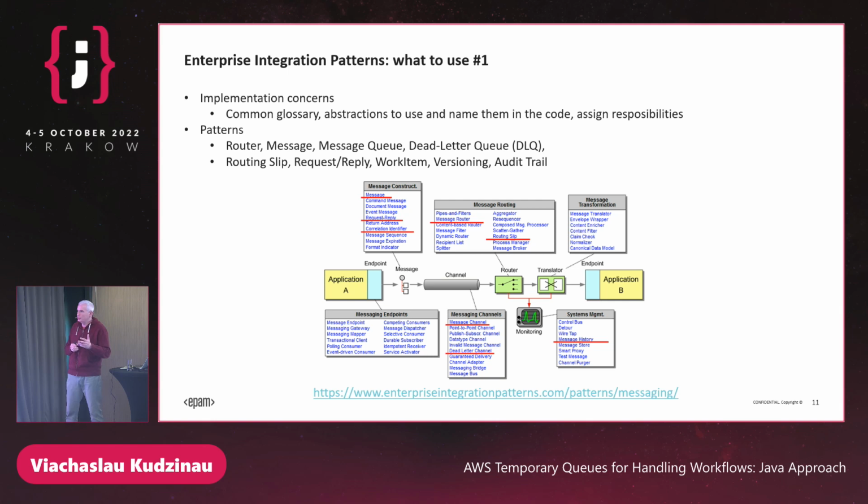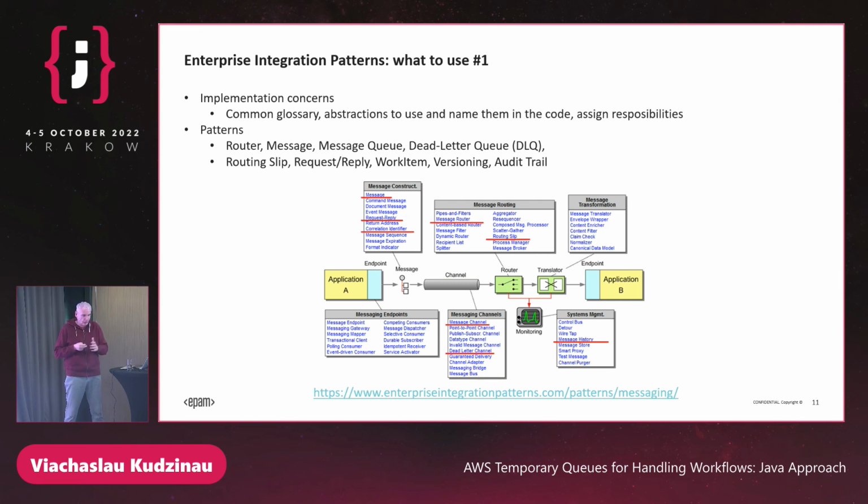We need to use a common glossary, we need to understand what abstractions to use in the code, how to name them, we need to assign responsibility to the classes, so we do the top-down design approach. So here I suggest to check the enterprise integration patterns, and we will be using here router, message, message queue, dead letter queue, routing slip, request reply, work item, versioning, and audit trail. So every pattern is described there.